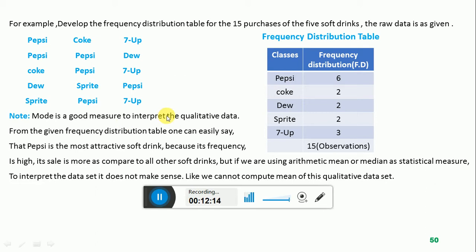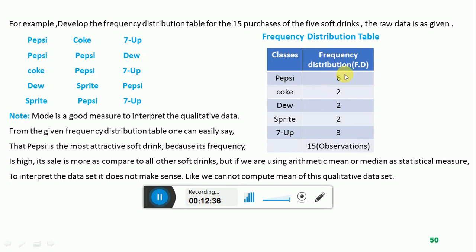Why? Because we define the most frequent data item of the given data set as the mode, and in this raw data set the most frequent data item is Pepsi, because one can see from this frequency distribution table that the frequency of Pepsi is the highest frequency. This is the most frequent data item.